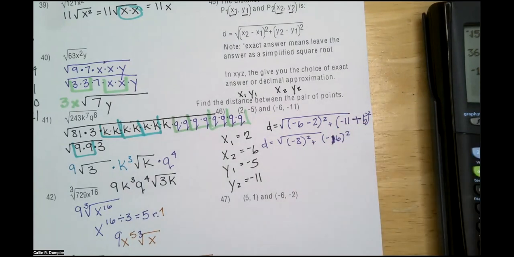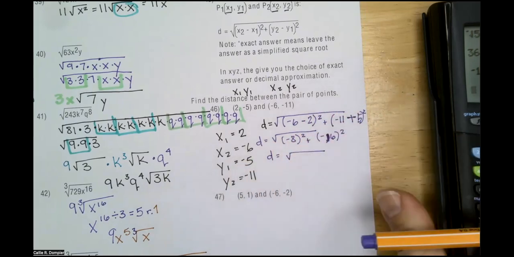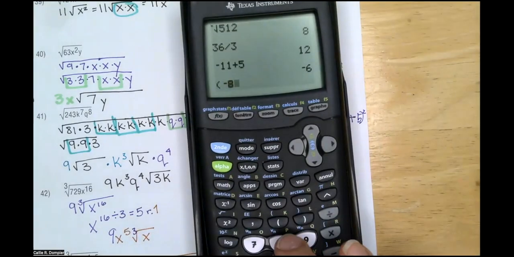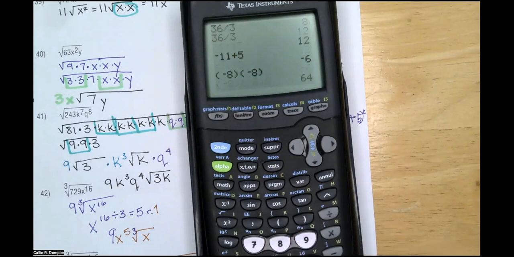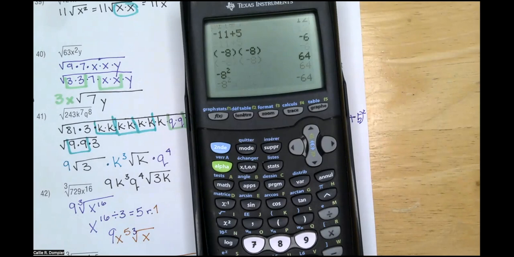So we have -8 squared plus -6 squared. -8 times -8, right? If you just said -8 squared, it's going to give you a different answer.